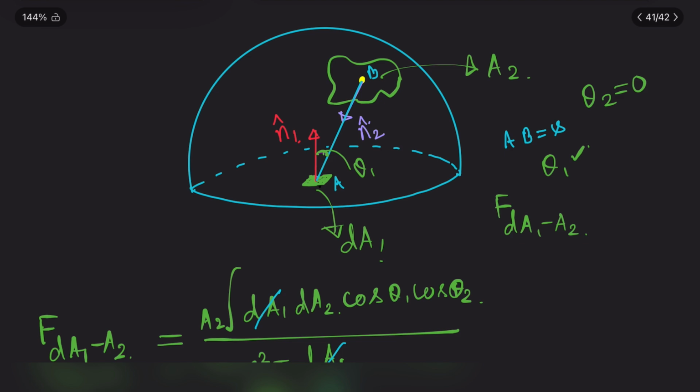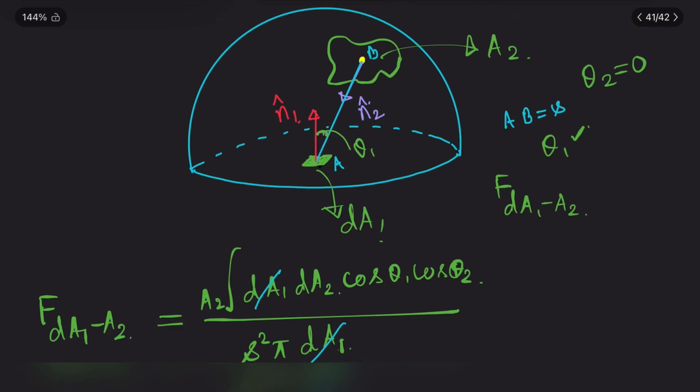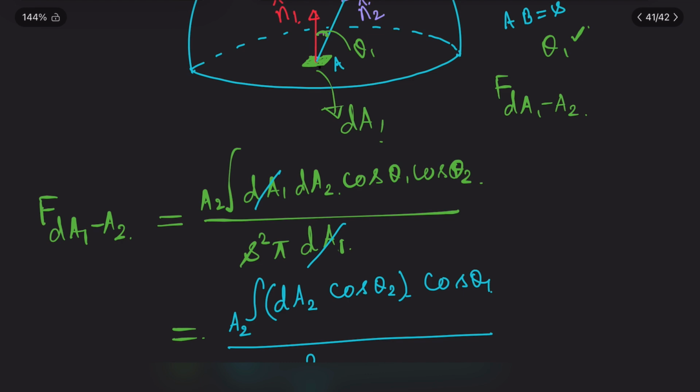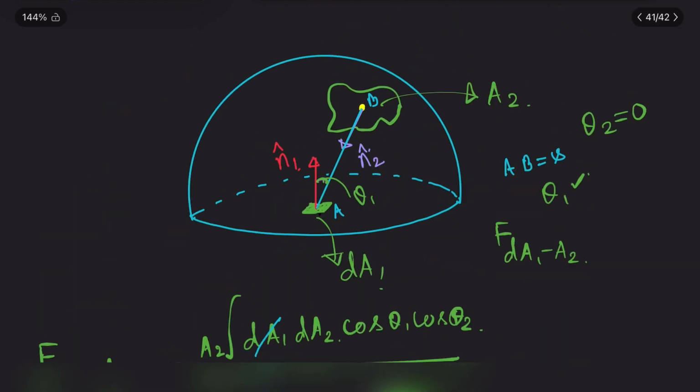Now see, for this particular problem your theta 2 equals 0. If your theta 2 is equal to 0, then dA2 dash is equal to dA2, and my cos theta 1 you can find.